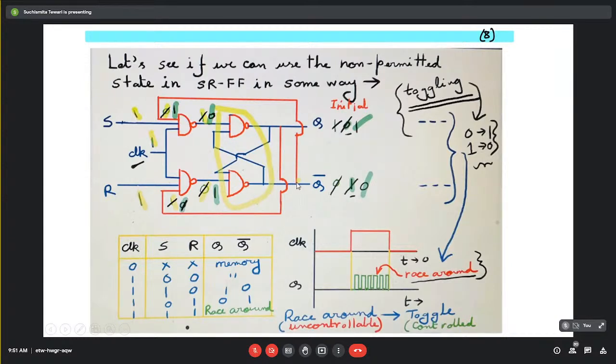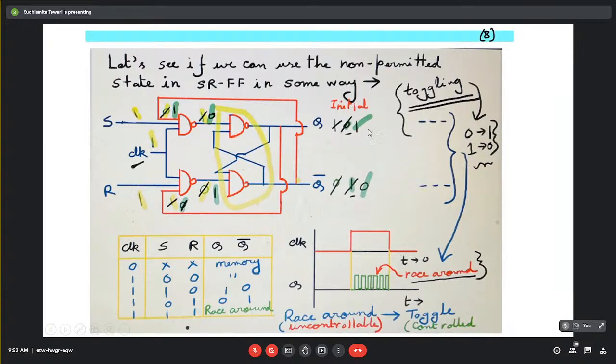See here, this Q bar is fed back as one of the inputs of this NAND gate, and this Q is fed as one of the inputs of this NAND gate. So let us now see what exactly happens if we put 1 and 1, and also keep the clock enabled.